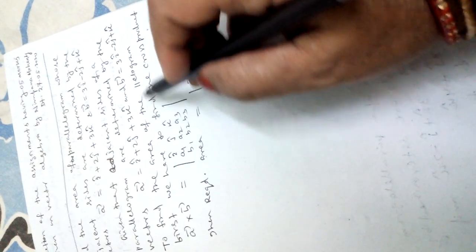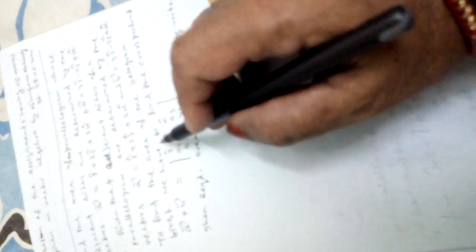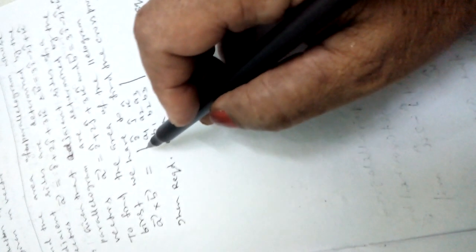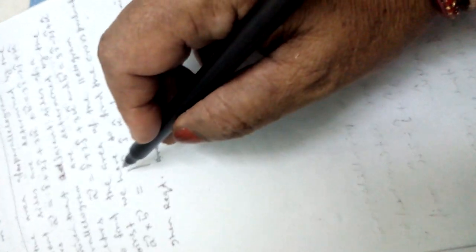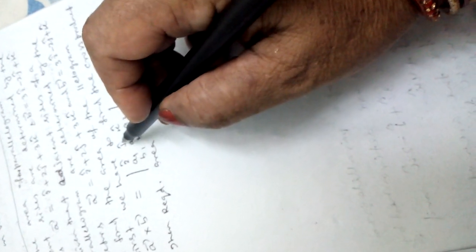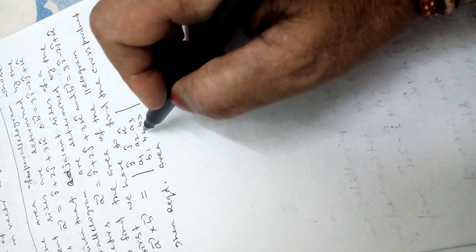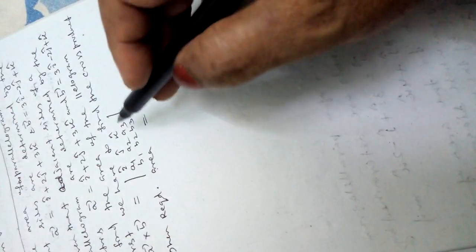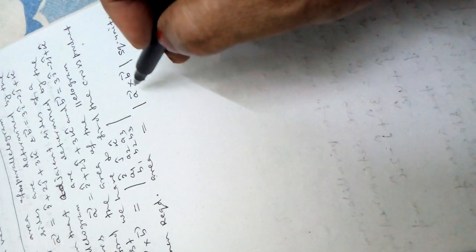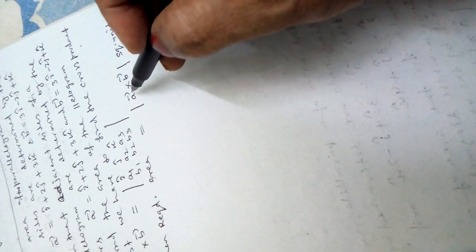To find the area of the parallelogram, first we have to find the cross product, vector A cross vector B, which is equal to the determinant of i cap, j cap, k cap, a1, a2, a3, b1, b2, b3. Then the required area is equal to modulus of vector A cross vector B square units.